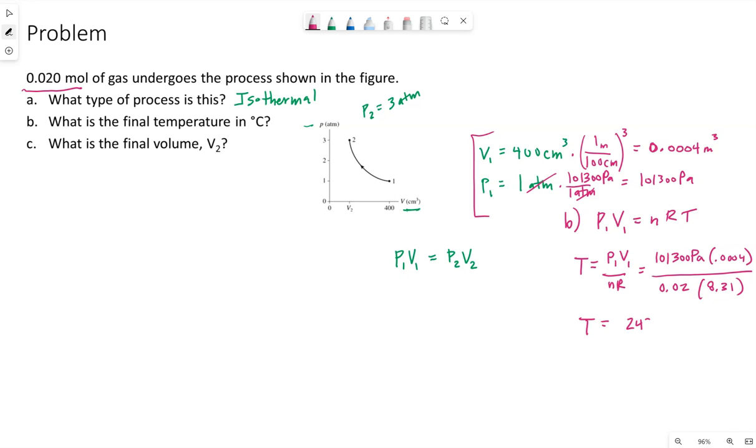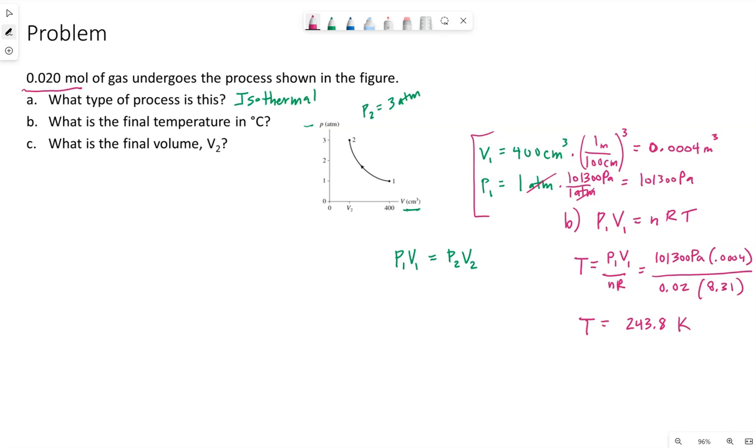So 243.8. This is in Kelvin because R has units of joules per mole Kelvin. The pascal times the meter cubed is giving us the joule. The moles will cancel, so we'll be left with kelvins.